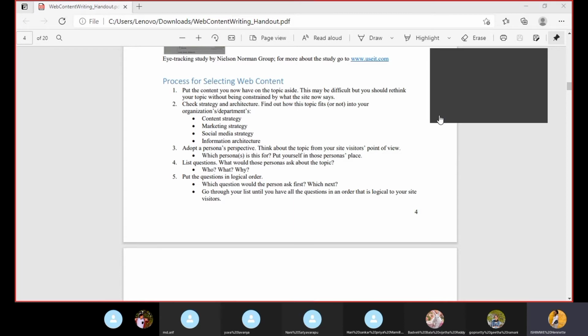And the fifth step is about putting the questions in logical order. Usually, when visitors are accessing those websites, they ask different questions. But here, the fifth step is about thinking which questions the visitors will ask first, and then you put them in order as they're going to be asking those questions.